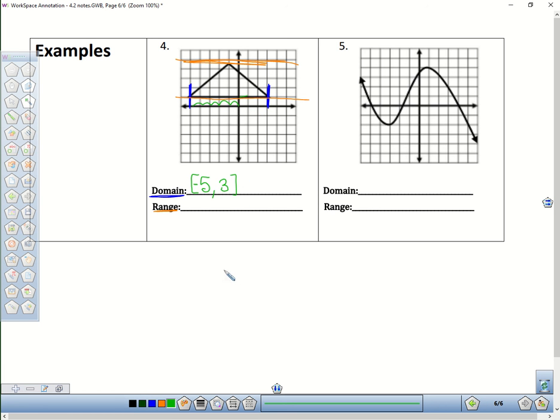And that's what we call interval notation. See how it spans from -5 to 3 on the x's? And this could also be written as -5 is less than or equal to x is less than or equal to 3. So those are the two types of notation that you can see here.